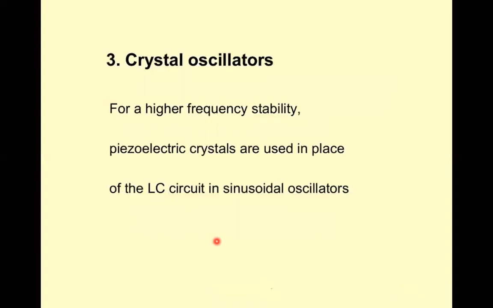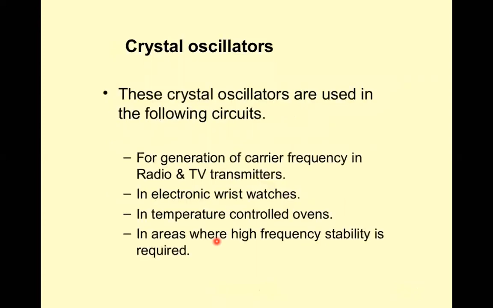The third is crystal oscillators, used mainly because of their time independence, and also for the higher frequency. So for higher frequency stability, piezoelectric crystals are used in place of the LC circuit in sinusoidal oscillators.